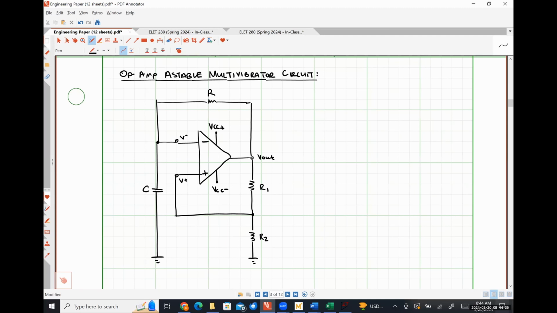Okay. So in order to figure out how this thing works, we are going to look at a couple of different things here. So I'm going to label this voltage as VC, which is just the voltage drop across my capacitor. And I'm going to label this voltage right here as effectively a reference voltage that the capacitor voltage is getting compared to. Because this circuit employs positive feedback, our output voltage is always going to be VCC plus or VCC minus.